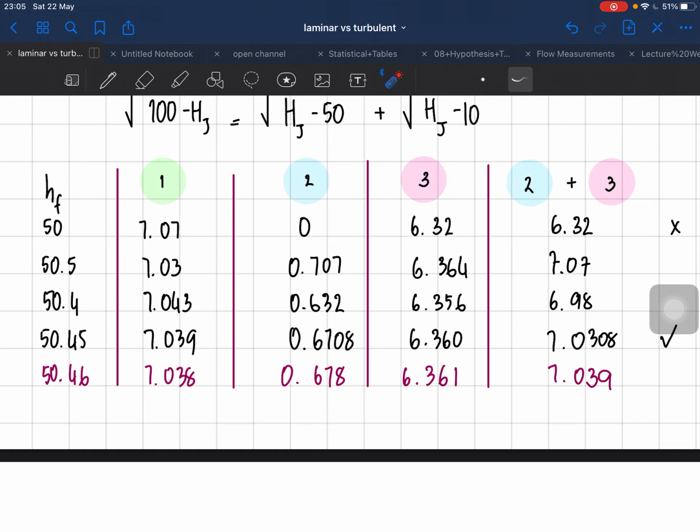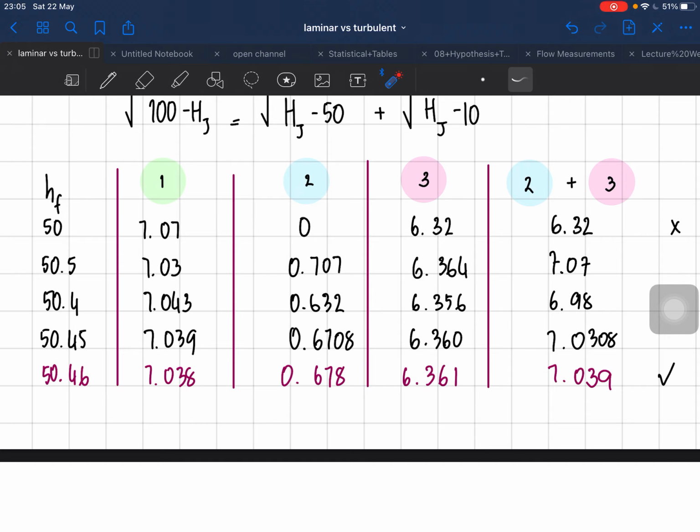I would love this answer better, because this answer is giving us this part here. You can see that this is going to be 46. Oh wait, no, 7.038, and this is 7.039.